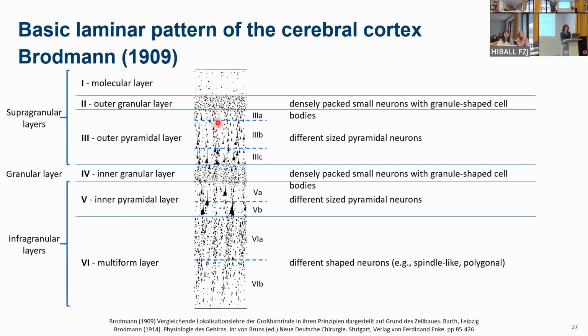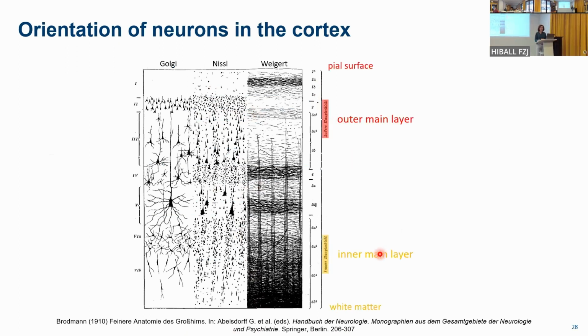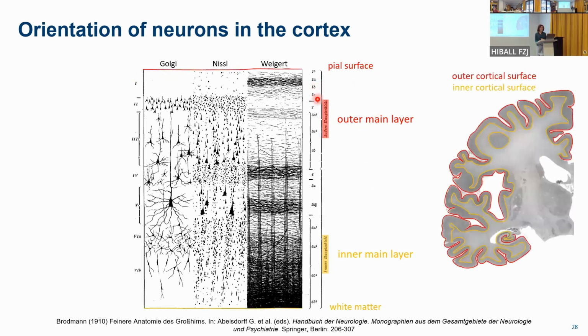So in the brain, it's not just that we've got layers, but within these layers, cells have a very specific orientation, okay? And this was already described, for example, by Brodmann. I'm going to highlight it in color because it's too small to see. Brodmann defined the so-called outer main layer, which is what we nowadays call the supragranular layer, and the inner main layer, the infragranular layer, and he defined these layers based on their relative position to the brain surface, so to the pial surface, okay?